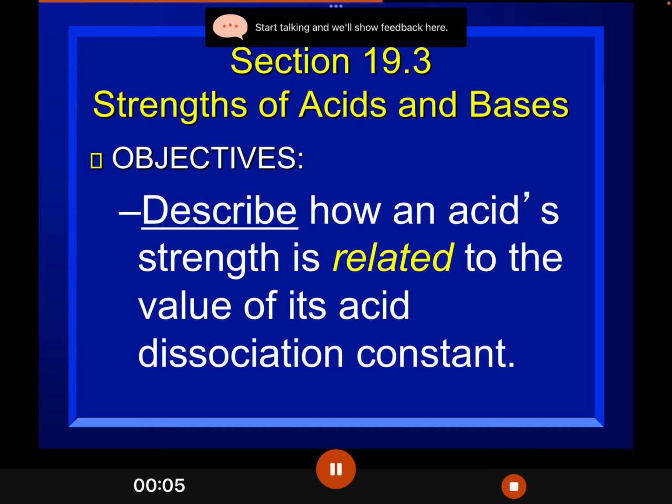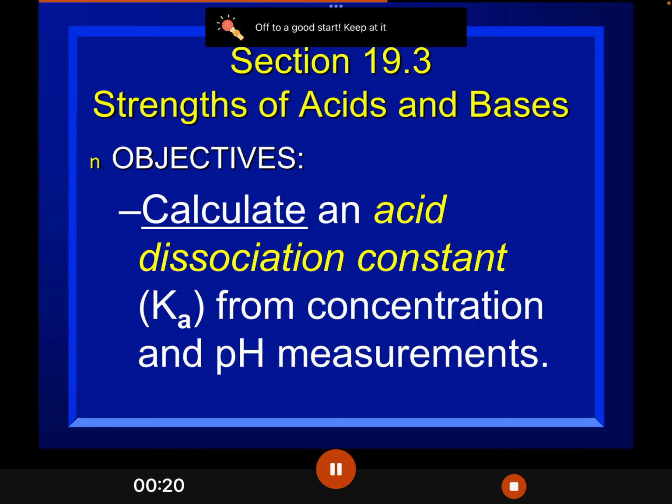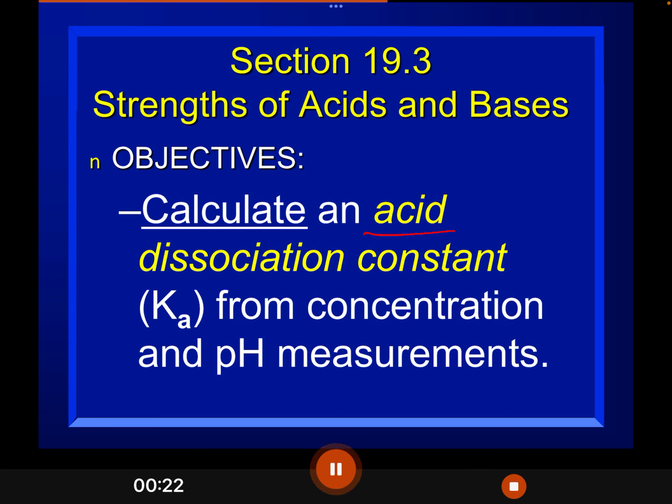We're going to describe how an acid's strength is related to the value of its acid dissociation constant, which is its Ka. We're going to learn to calculate the acid dissociation constant from either concentration and or pH measurements.